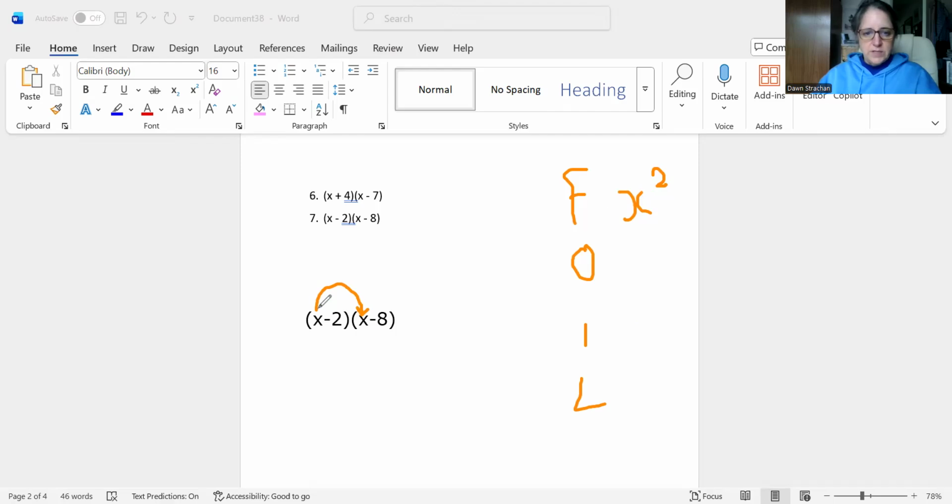And then we've got the outer, so x times -8. Okay, so that gives us -8x. Then we'll go with the inner, so -2 times x gives us -2x. And then finally, we're left with -2 times -8. A negative times a negative is a positive, and 2 times 8 is 16. So that'll give us that.